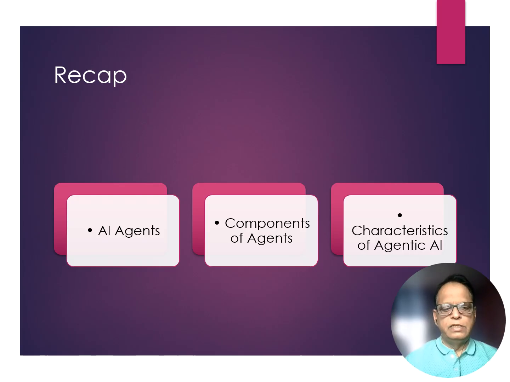In an agentic AI system, we receive the data from the environment, then the data is processed through the agent, and then the action is taken. The main characteristic of agentic AI is that it can take decisions on its own without any human intervention. So this is the advantage.